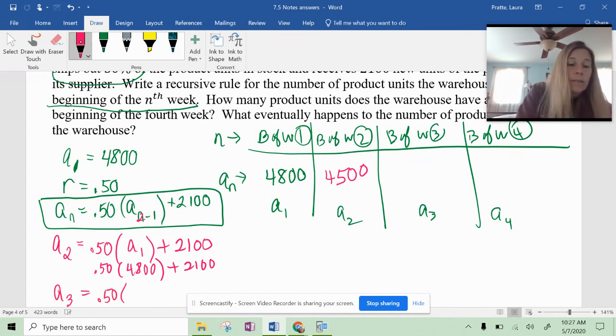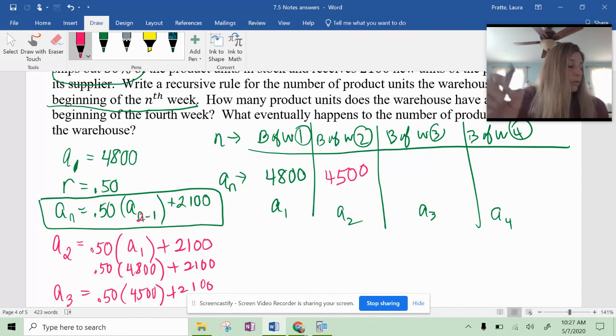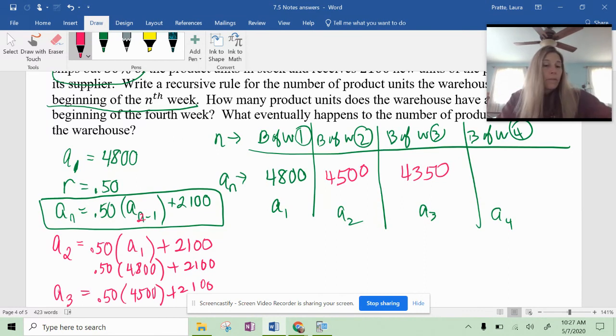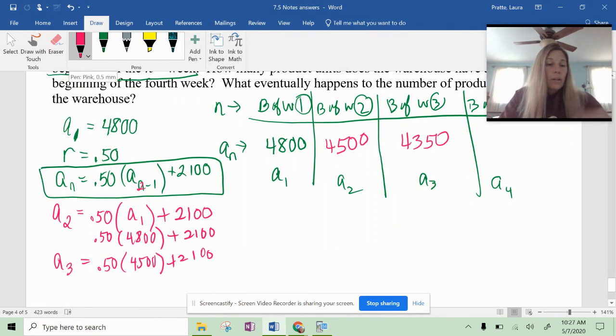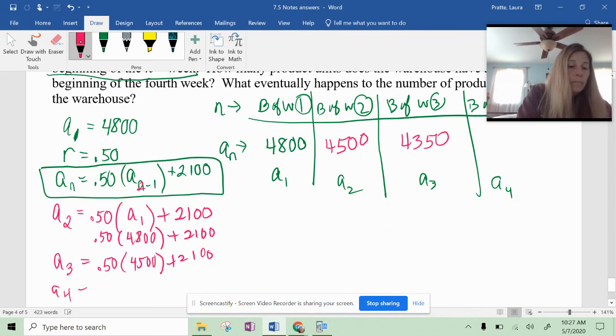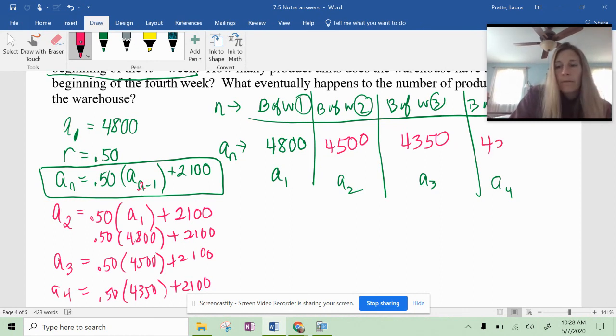So 0.50 times the 4,500 we just got plus 2,100. And you can do that on your calculator and you should get 4,350. And then for the 4th week, one more iteration there. We're going to put in the 4,350. So half of that plus the 2,100, and we get 4,275 if I have my calculations correct over here.